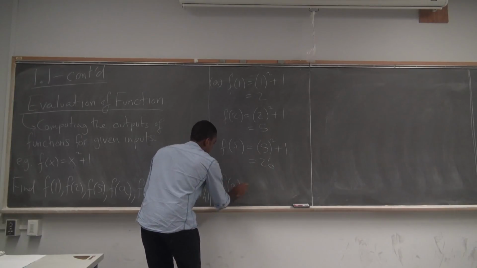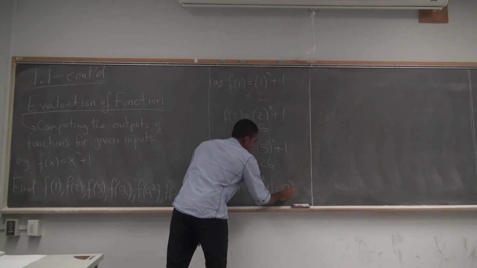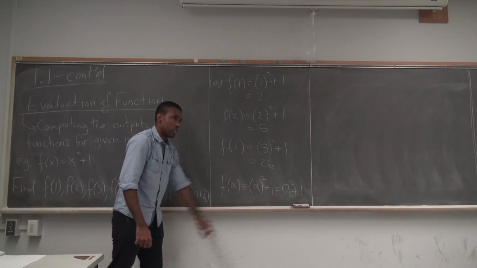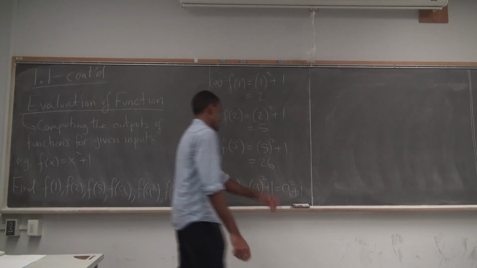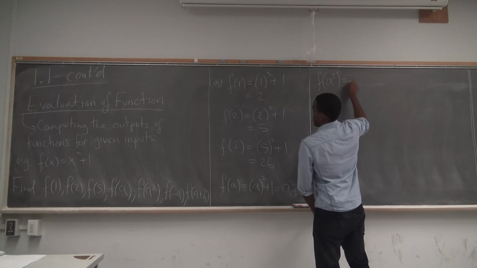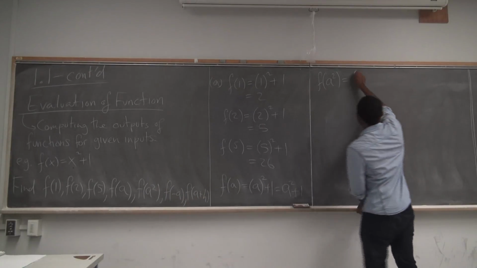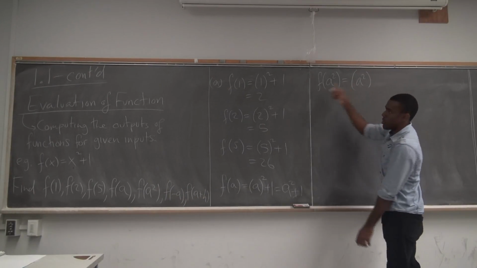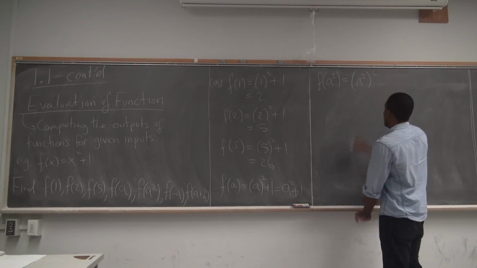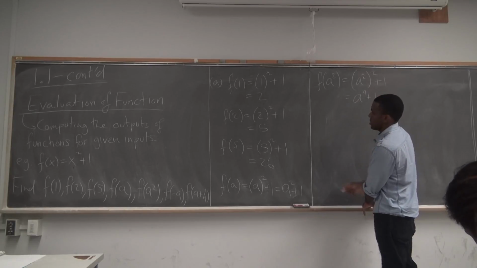f of a, that's just a squared plus 1, which I would leave as a squared plus 1. Get in the habit of putting things in parentheses, though, that you're plugging in. I'll explain why pretty soon, because I saw some mistakes on the quiz. f of a squared means you open brackets. Wherever I saw an x, I now put in a squared and plus 1. So this basically becomes a to the 4th plus 1.